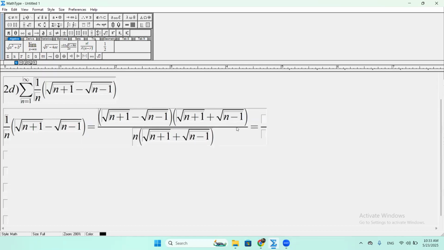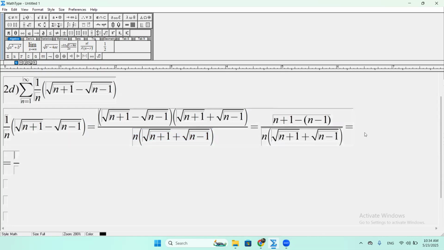Now let's expand brackets. What do I have here? n plus 1 minus n minus 1, and the denominator remains the same. So I will receive n and this expression.